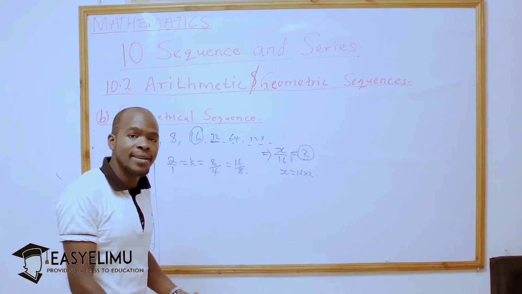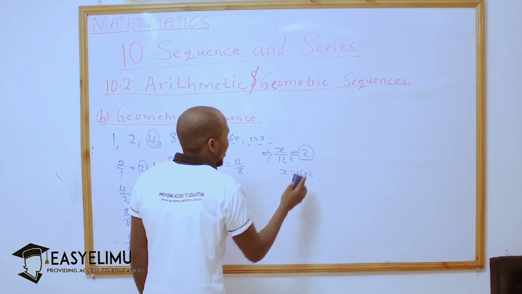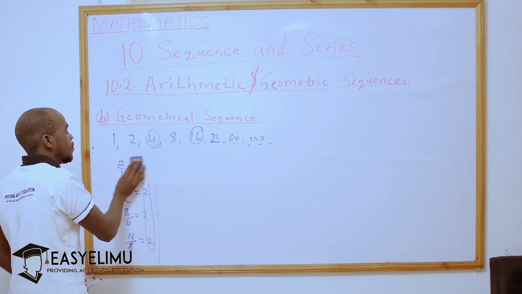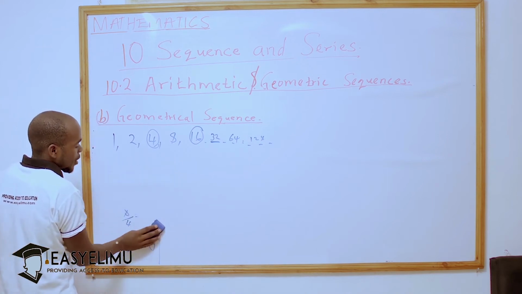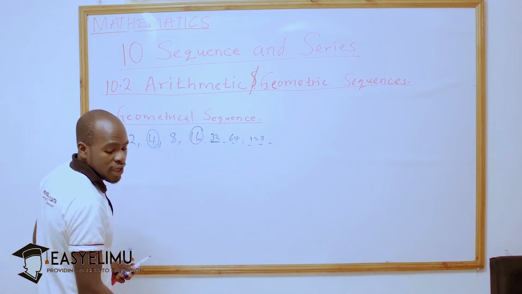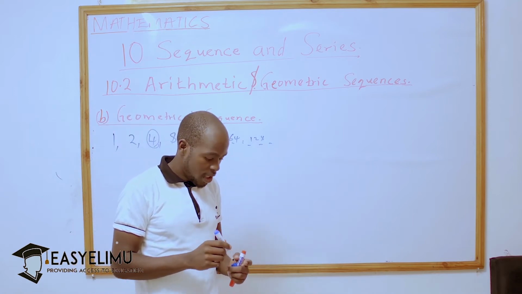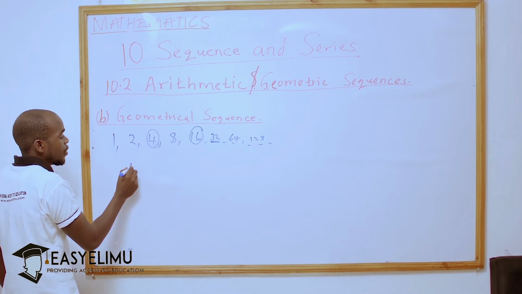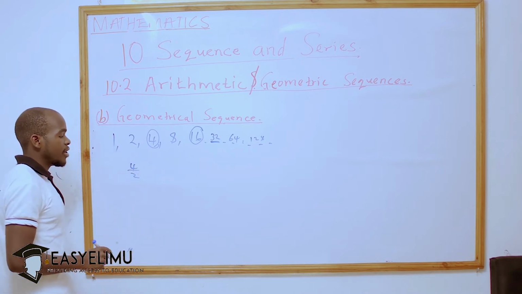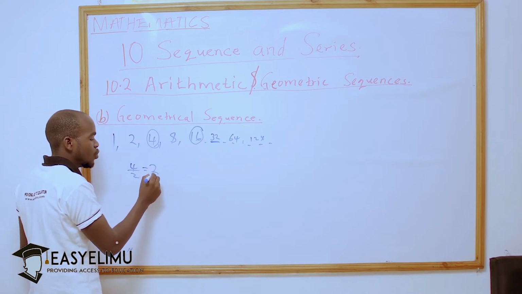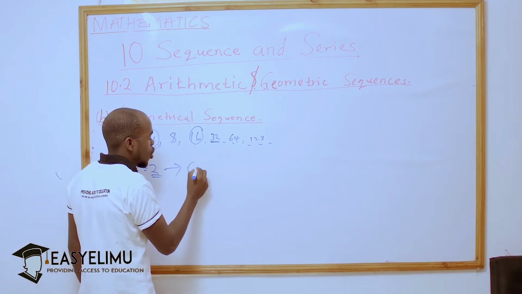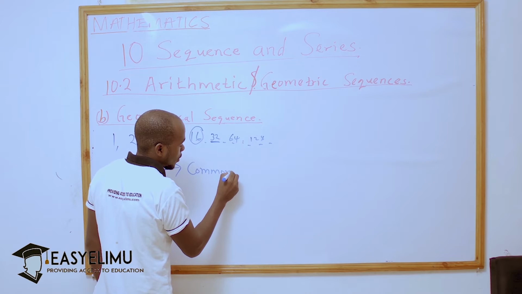So we have realized that in that pattern of numbers, if you take the next number and divide by the preceding number, you get a constant throughout. Such a constant, which here is 2, is what we refer to as the common ratio.